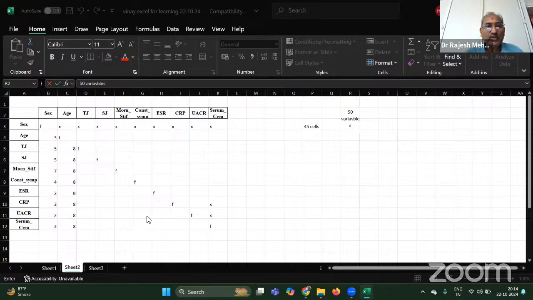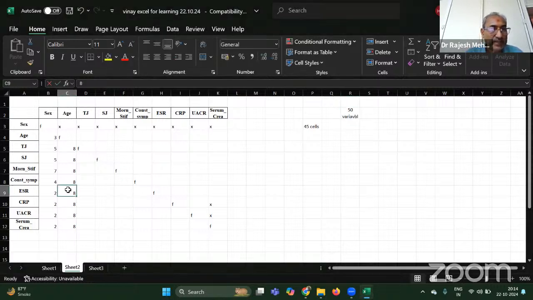Now let's go to what should actually be used for the purpose of analysis. In this case, if you want to compare, let's say, age with anything else, with ESR, if you want to compare age, you will be using the regression command. If you consider symptoms, yes or no, in that case, you'll be using the means command.